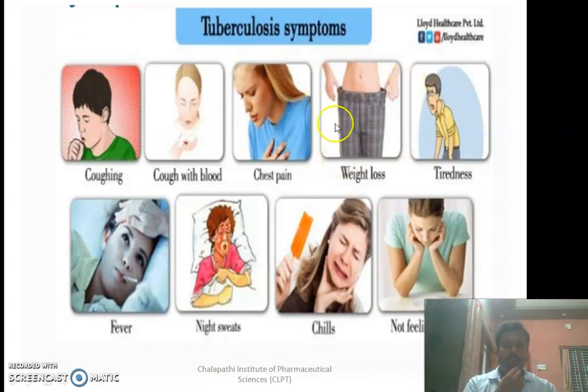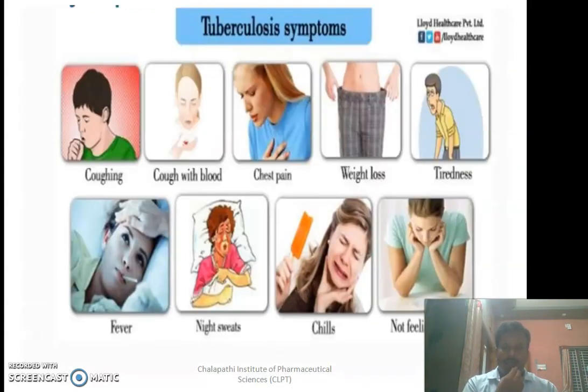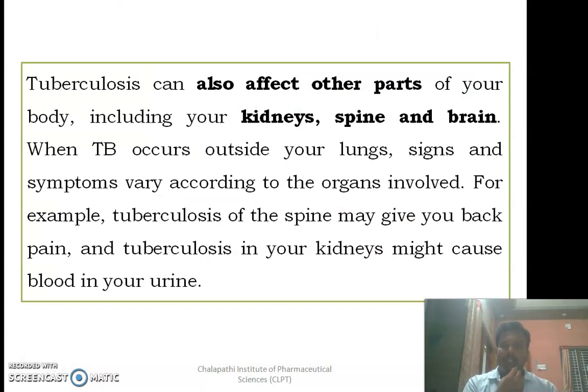Weight loss is due to loss of appetite. Those individuals suffering from tuberculosis have very little appetite, so they don't eat anything and they become very lean. And we will observe tiredness, fever, night sweats, chills, and not feeling hungry, which we discussed as loss of appetite. So these are the different symptoms we will observe in case of tuberculosis.